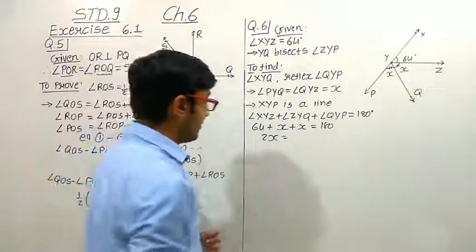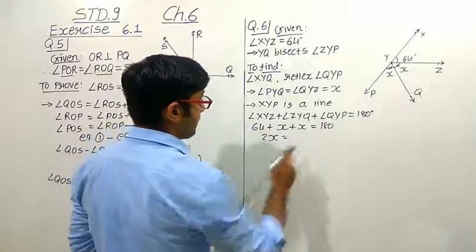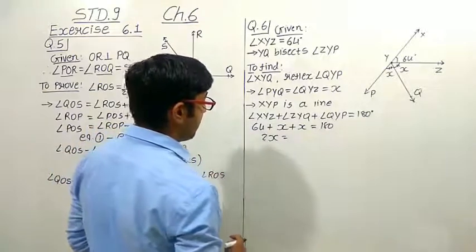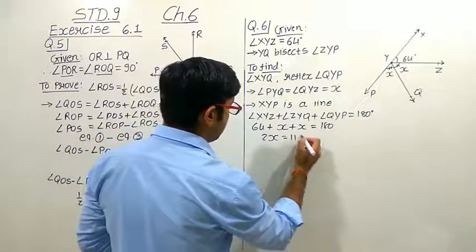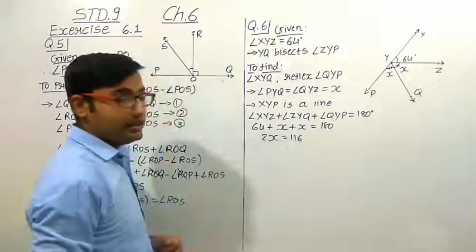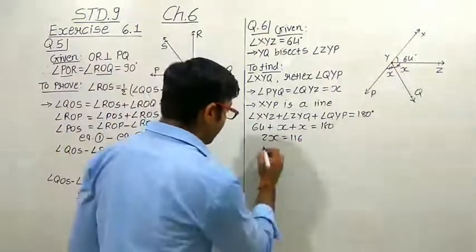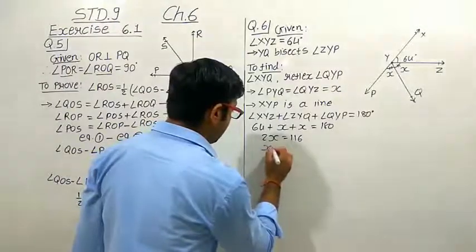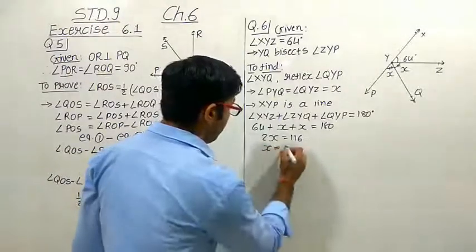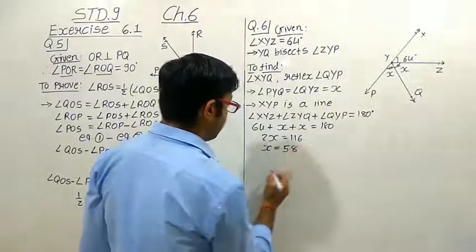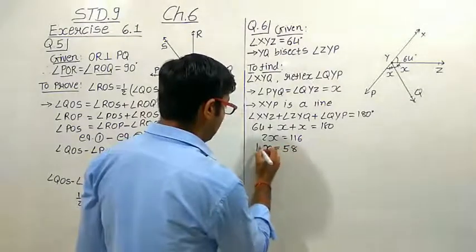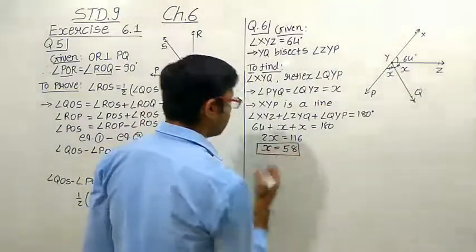So when 64 is subtracted from 180, we get 116. Right? Okay, so now when we divide both sides by 2, we get the value of X, that is equal to 58. Right? So this is the value of X.